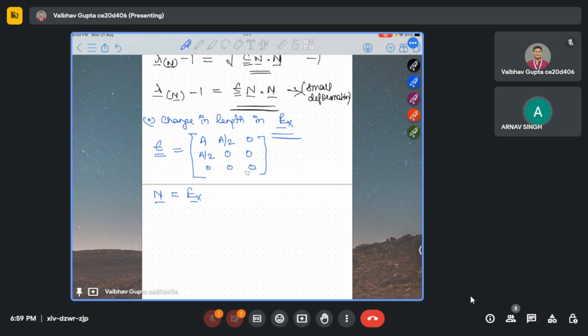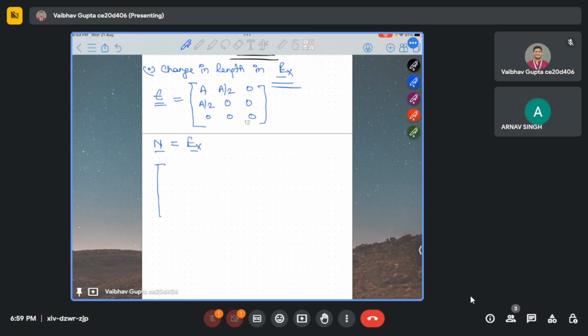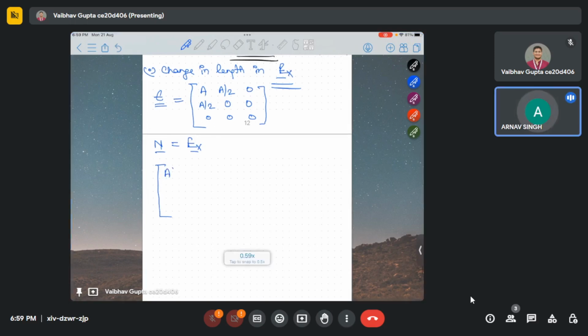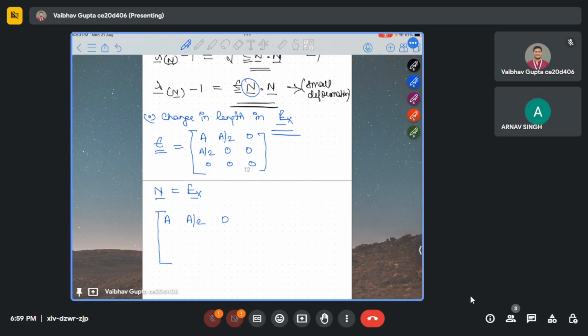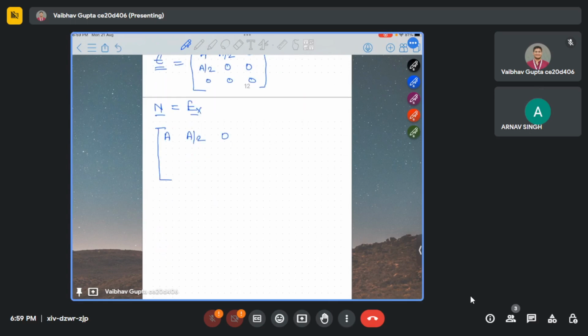And they have given EX. So what to do now? Just multiply. EX is our n, and n is a unit vector. So what is x? EX is 1 0 0, dotted with 1 0 0. Understood till now? So first we'll multiply these two things.